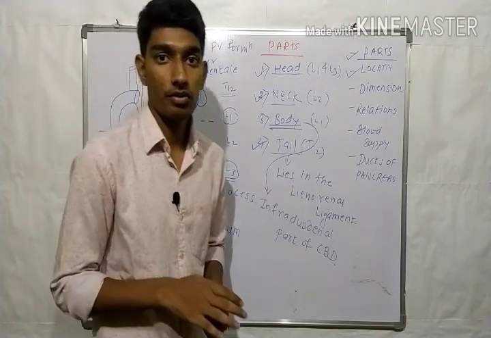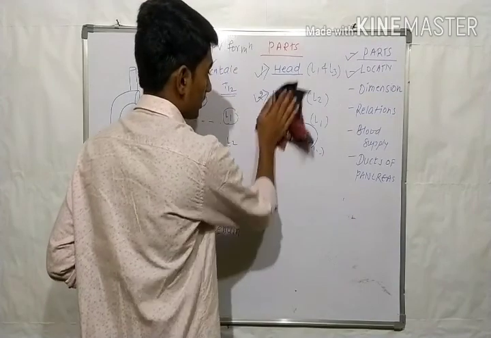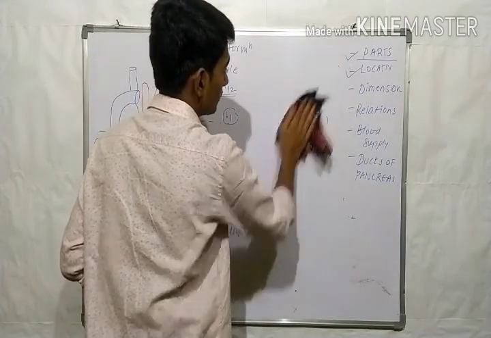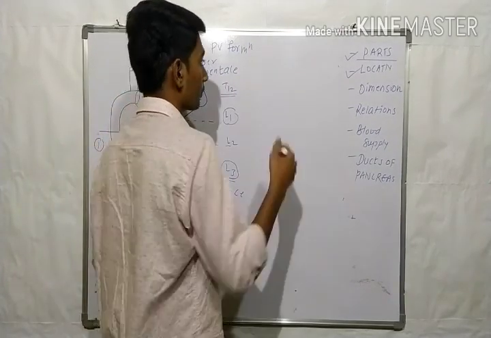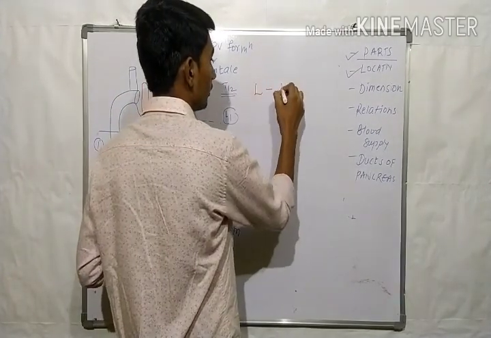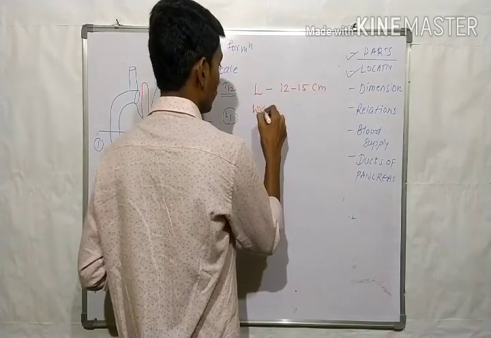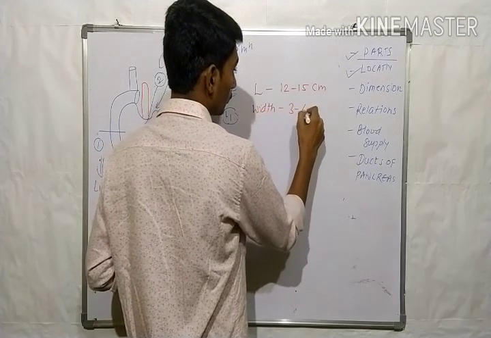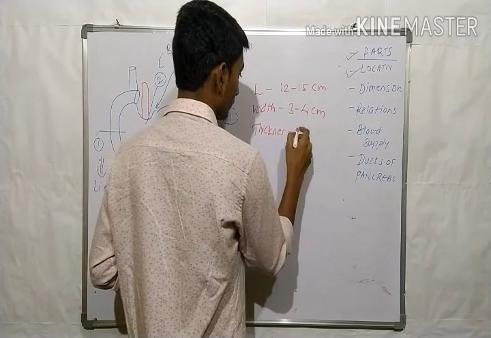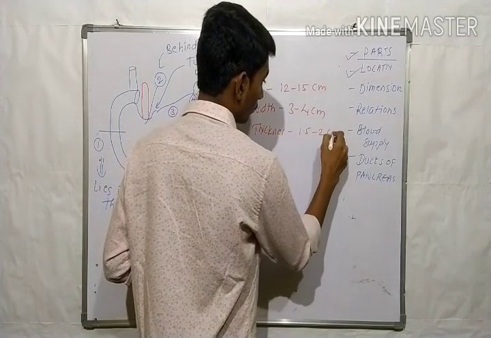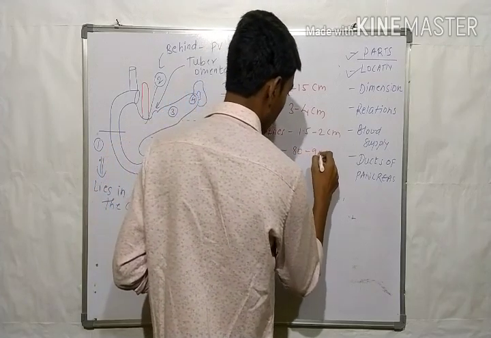Now coming to the dimensions of pancreas. Length 12 to 15 centimeter, width 3 to 4 centimeter, thickness 1.5 to 2 centimeter, and weight 80 to 90 gram.